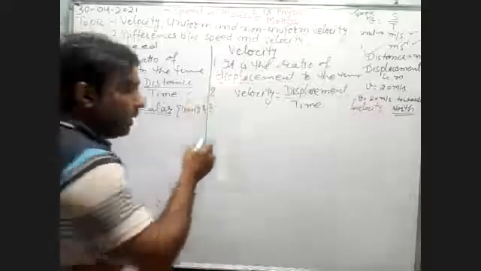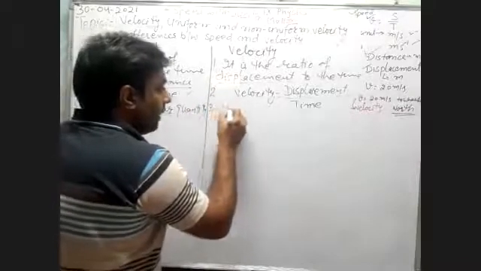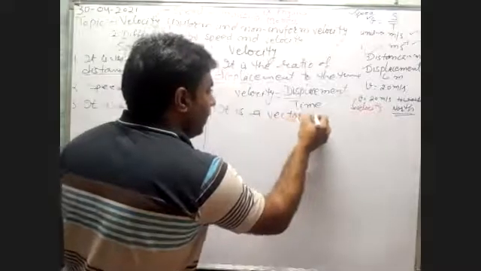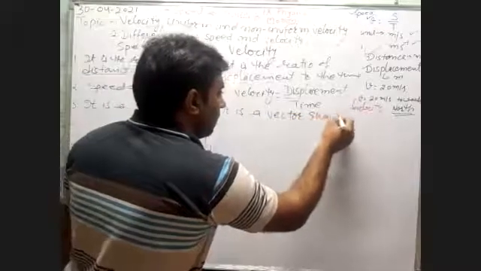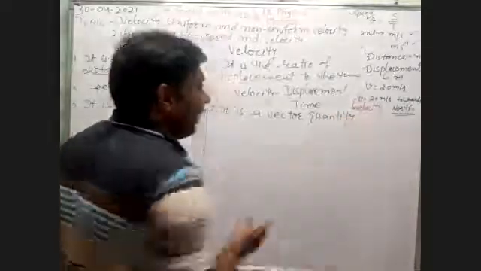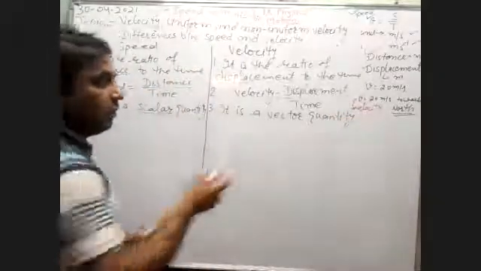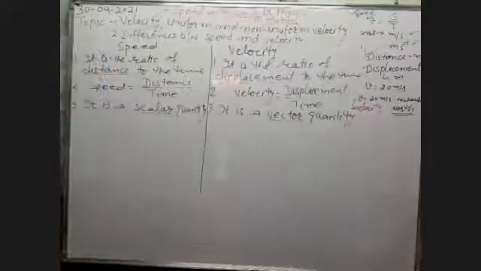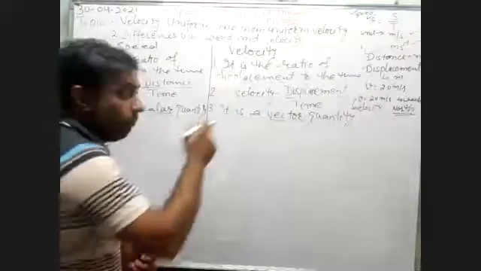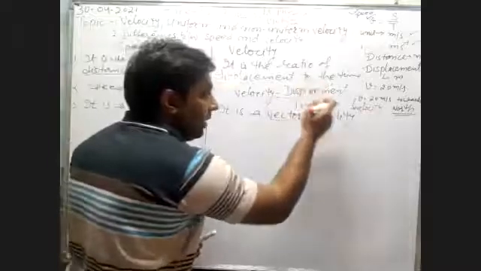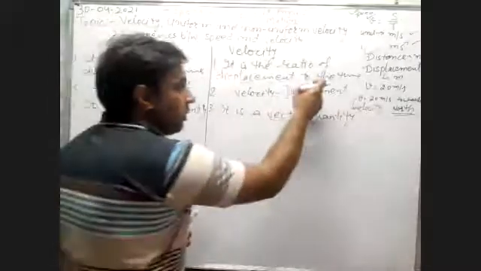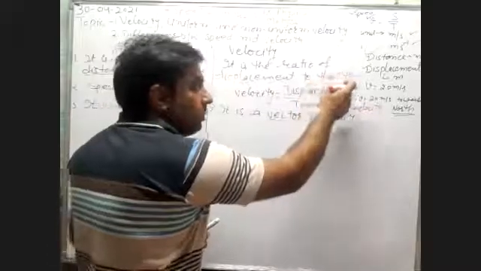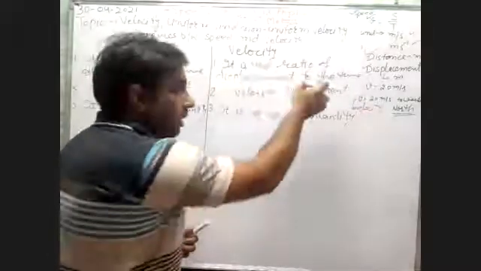What about velocity? Velocity is a vector quantity. Why is it a vector quantity? Because it depends on both magnitude as well as direction. Again, look at the formula: velocity is equal to displacement divided by time, and displacement is a vector quantity.